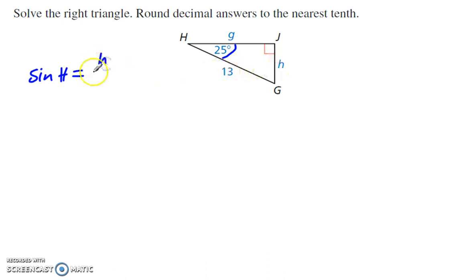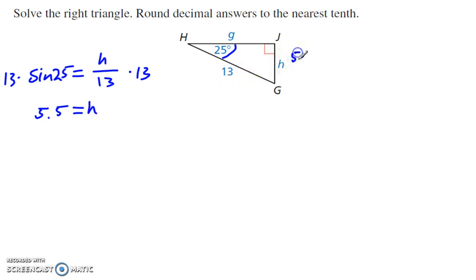So H over 13. And then I would multiply each side by 13. Type that in: sine 25 times 13 is 5.5. And that would be H.